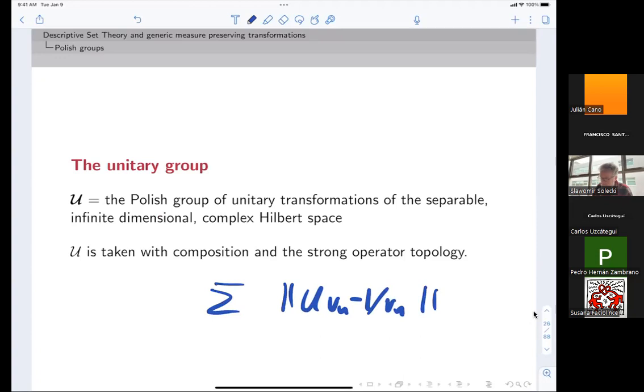You take the minimum of this and 1, with weight 1/2 to the n, and you sum it up. And then you do the same sort of thing with U minus 1 and V minus 1, and you have another component. That's what they look like.